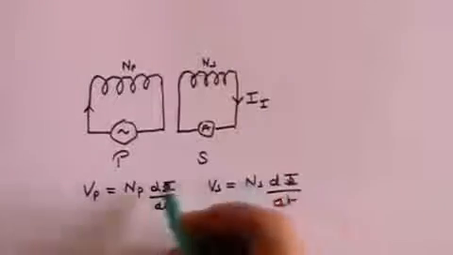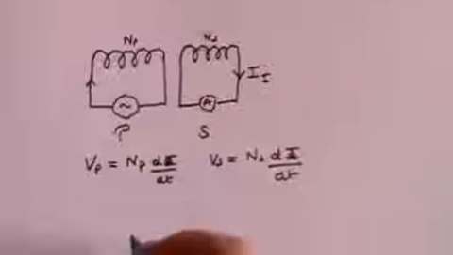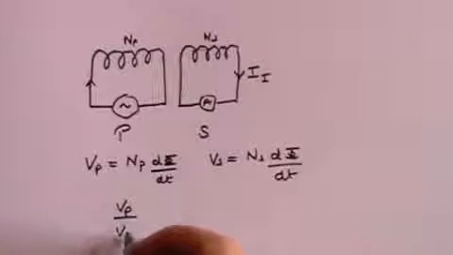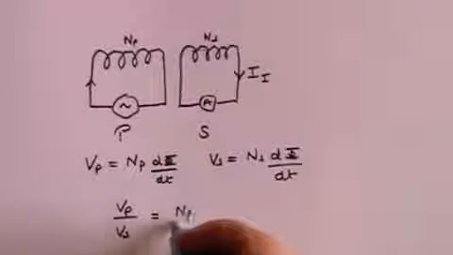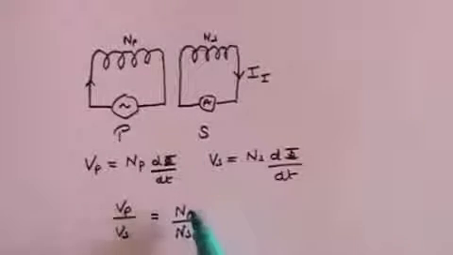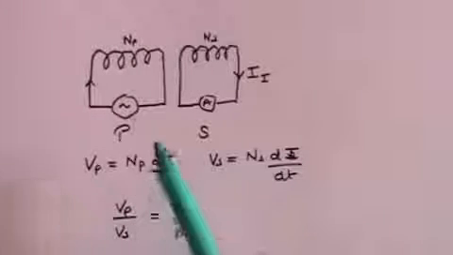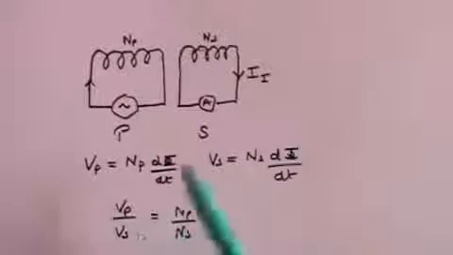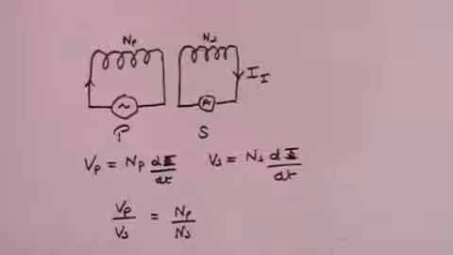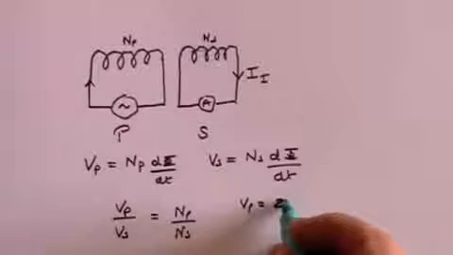It's the same dφ by dt because they both apply. And that gives you the formula that Vp divided by Vs is equal to Np divided by Ns. So if you've got different numbers of turns, you can get a different voltage. Vp is the voltage of the primary, Vs is the induced voltage of the secondary. Let's do a little example. Let's suppose that Vp is 230 volts.